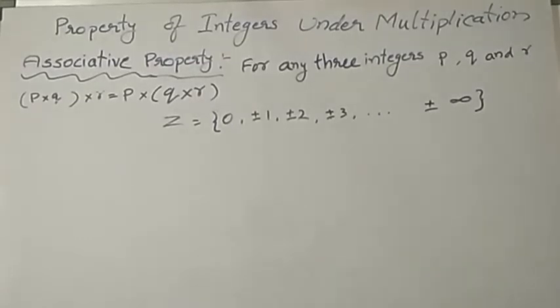Next one is the associative property under multiplication. For any three integers p, q and r, p into (q into r) equals (p into q) into r.